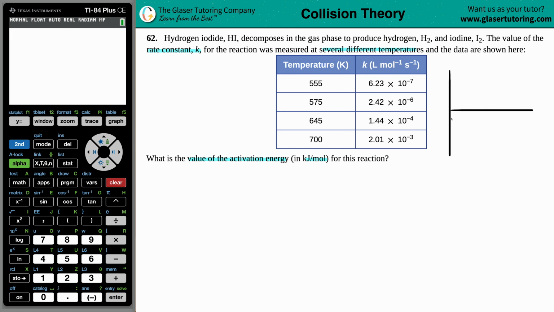I mean, maybe we'll do it a little bit like that. That's good to go. And the units for the x-axis would have to be 1 over temperature. So you would actually have to change all these values into 1 over 555, 1 over 575, 1 over 645. And then the y-axis is the ln of your rate constant. So you'd have to take all these values.